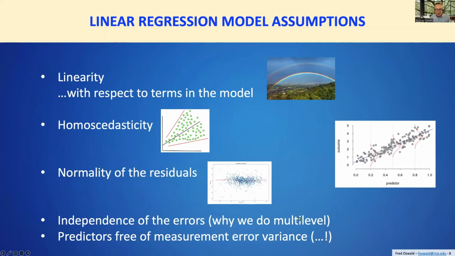Regression also assumes the predictors are free of measurement error variance. That's almost certainly never the case, especially in psychology. So maybe that's what makes us take all models with a grain of salt, right? No models are correct, some models are useful. That kind of notion certainly applies because our assumptions are not ever perfectly met.